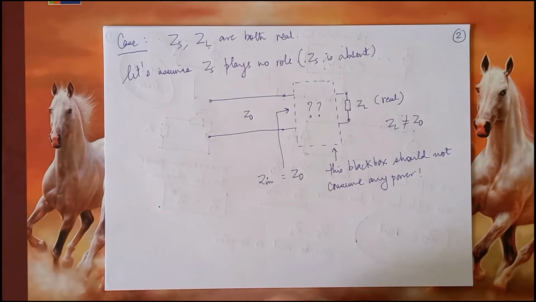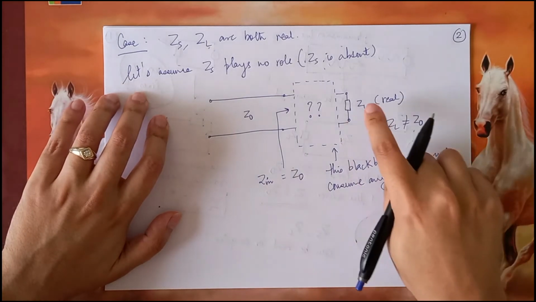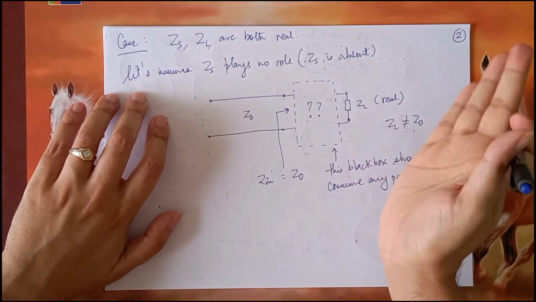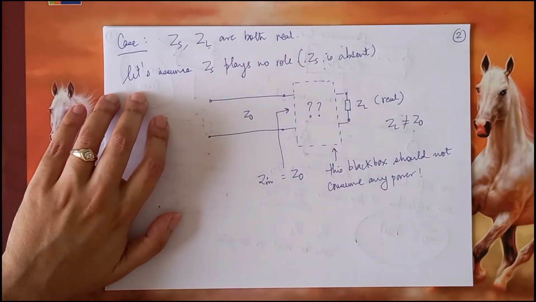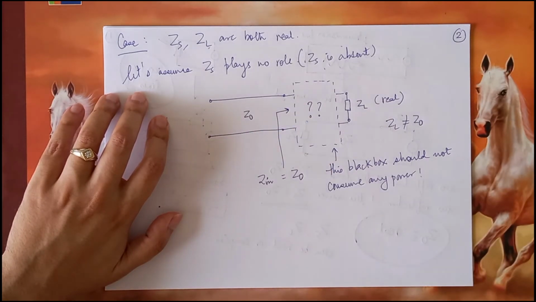So now the question is, then what should be inside this black box? And what is the function that it is doing? What it is essentially doing is that it is taking ZL from one end and transforming it on the other end to an impedance which is equal to the characteristic impedance of the transmission line.